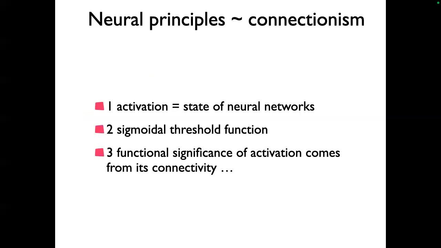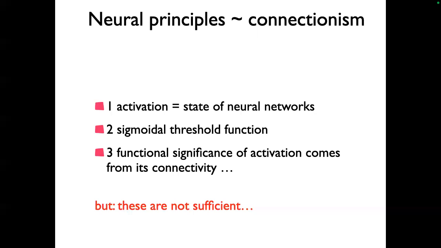So it doesn't talk about spiking and membrane potentials; it goes a little bit more abstract, talks about activation, the state of neural networks, as continuous variables, uses sigmoid threshold functions rather than the spike mechanism, and emphasizes that the connectivity leads to the function of a neural network, not necessarily going into the details of synaptic dynamics and so on. And so we're certainly at that level of description. There are more precise ways of characterizing that. We'll look at that in a little while.